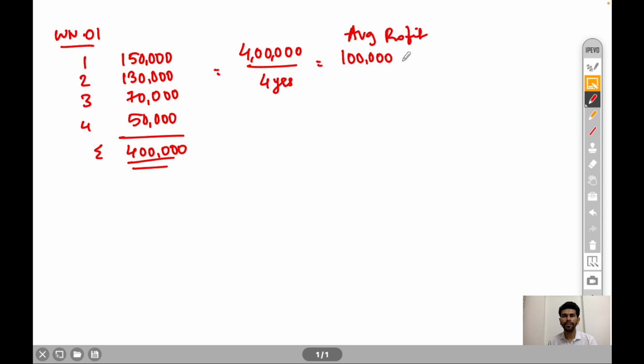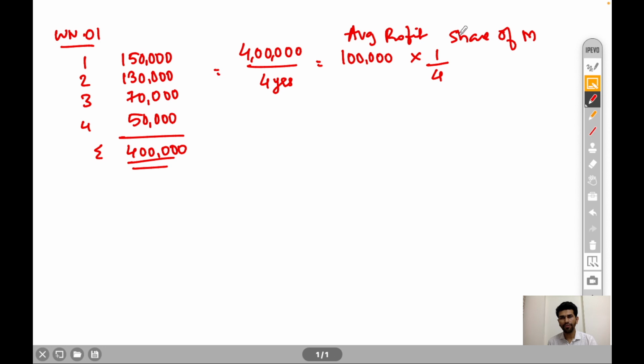Now we will find the share of Mukta. Share of Mukta is 1 by 4 because the profit sharing ratio is 2:1:1.